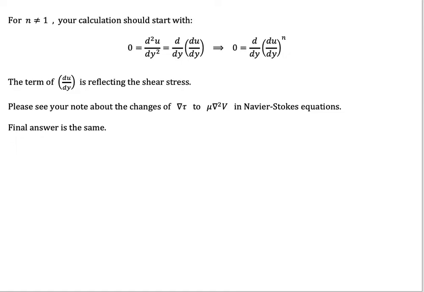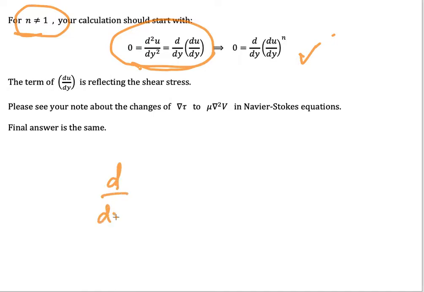For n not equal to 1, it is okay for us to start our calculation by using this idea. It means that at the step when we split the term of this one, it is okay for us to have d/dy of du/dy with a power of n.